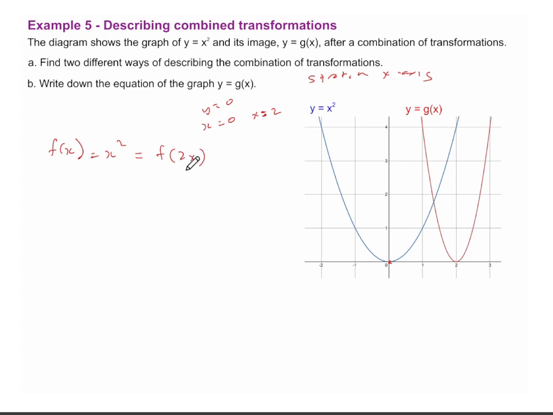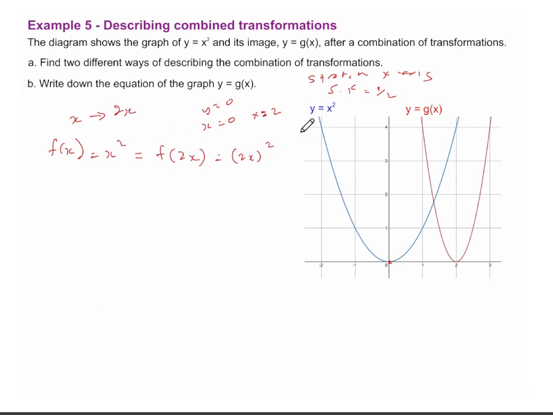And the reason we know it's 2x is because if we see the thickness of it, the thickness at y equals 4 is 4 boxes, while g of x is 2 boxes, which means we know the scale factor here is a half. And if the scale factor is a half, we are making x into 2x because we inverse that operation. So f is becoming 2x and x squared becomes 2x squared.